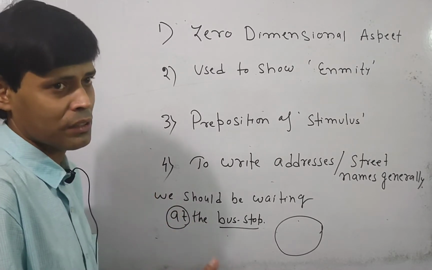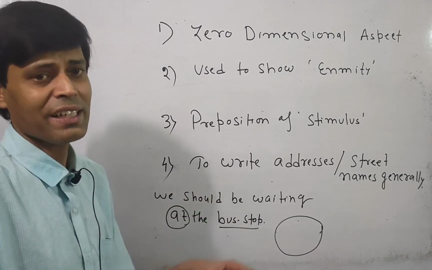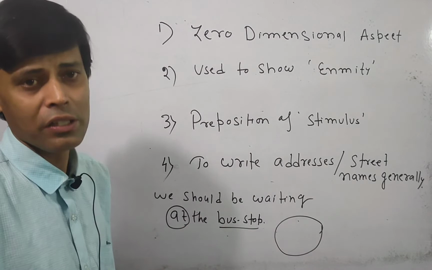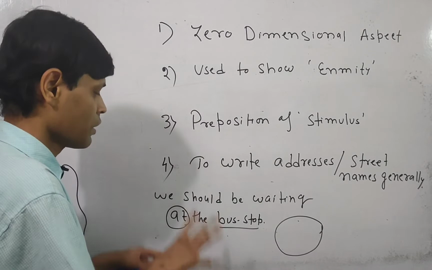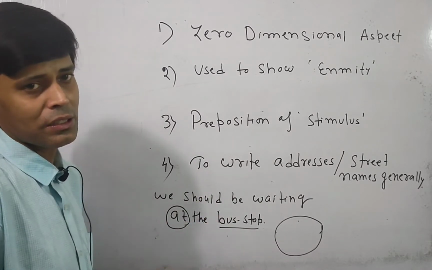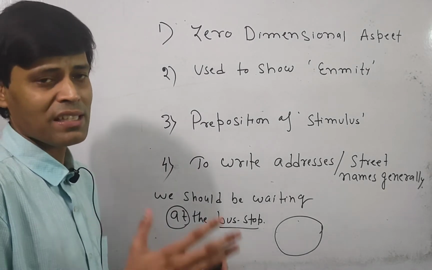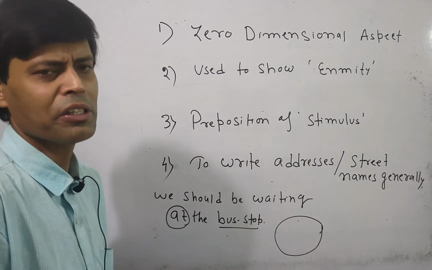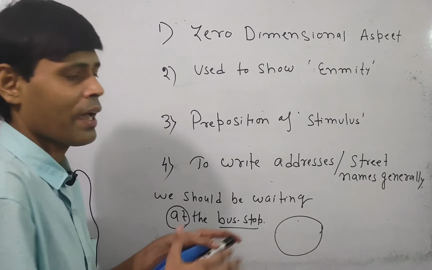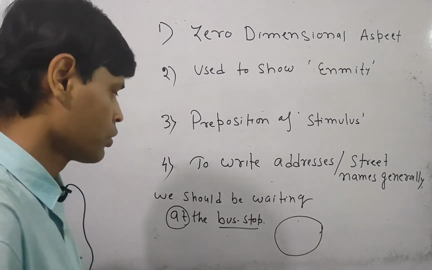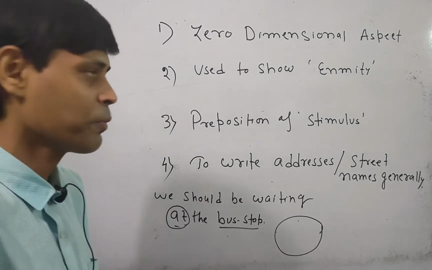But it depends on the writer's thought, how he or she is going to use it. Generally, whenever we compare in respect of the global dimension, it will be taken as zero dimension. It has no dimension if we compare the bus stop and the overall dimension of the globe. So here "at" will be used. "At" will be taken into account as a zero-dimensional preposition.